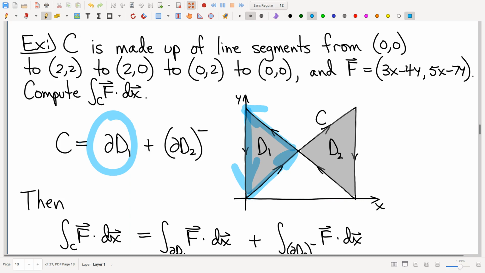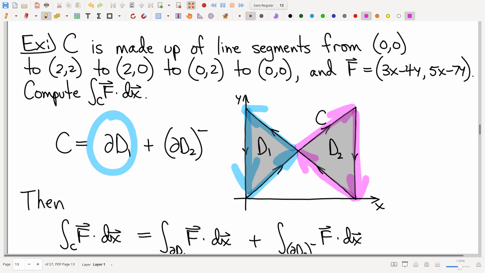Now, the other ones, no such luck. If I look at that and that and that, between the 3 of these, it is kind of the border of D2. It's going the wrong way. It's oriented backwards.